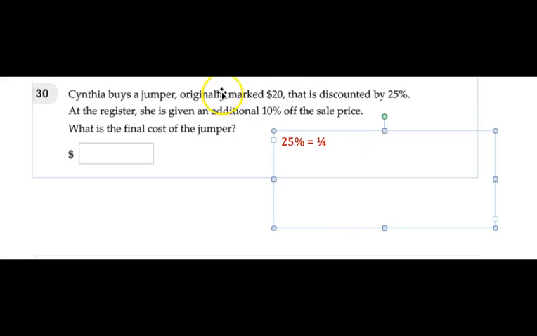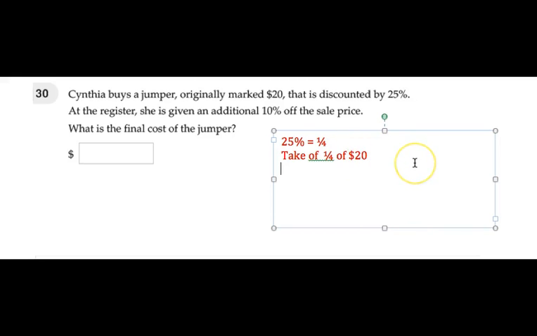So if this jumper marked $20 is discounted by 1/4 of its price, we need to work out what 1/4 of 20 is. So we have to take off 1/4 of $20.